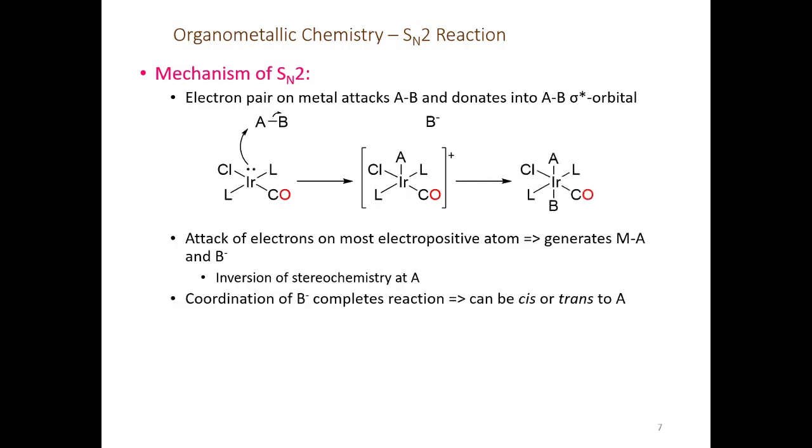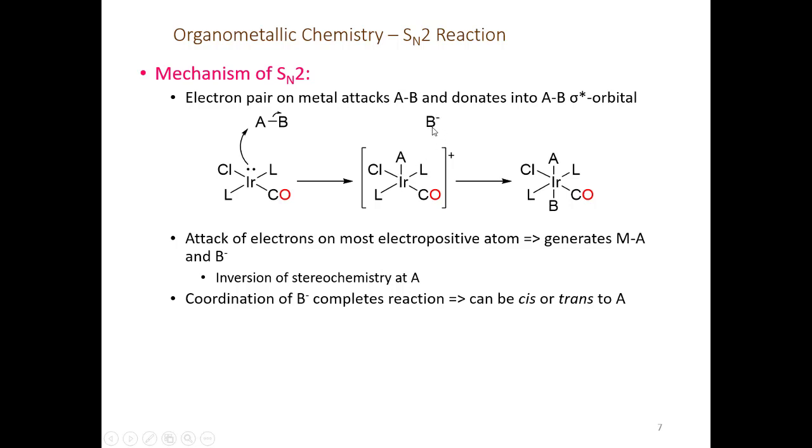Then, after the initial nucleophilic attack, coordination of the leaving group B- completes the reaction. And it's important to note that B- can coordinate either cis or trans to A, and that's because of the specific mechanism. When you get your nucleophilic attack of the metal center on A, B, your leaving group, doesn't actually form a bond with the metal center. Only the metal and A form a bond right here.